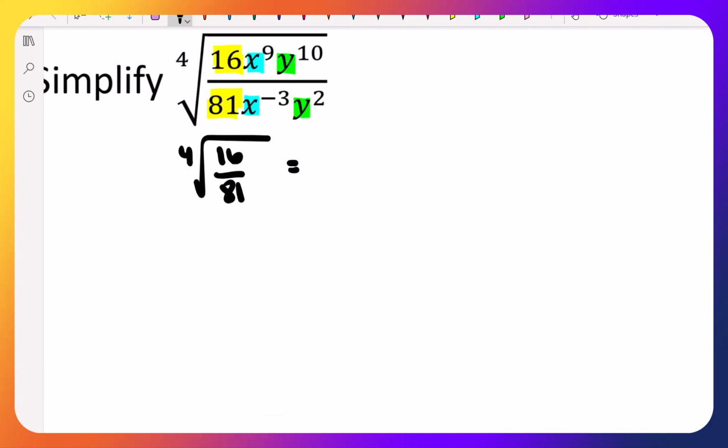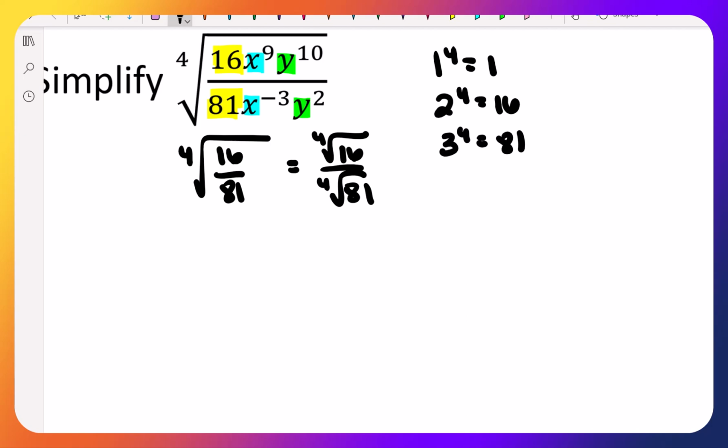So what you want to do is separately take the fourth root of 16 and the fourth root of 81. Now, those are actual perfect fourth roots. So 1 to the power 4 is 1, 2 to the power 4 is 16, and 3 to the power 4 is 81. So you can immediately change this to 2 over 3.